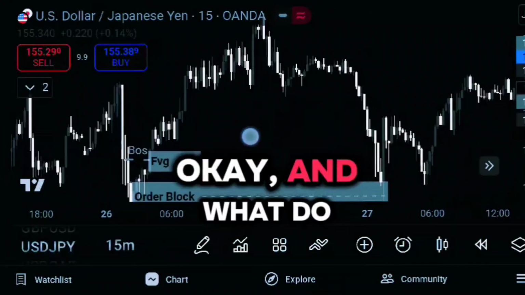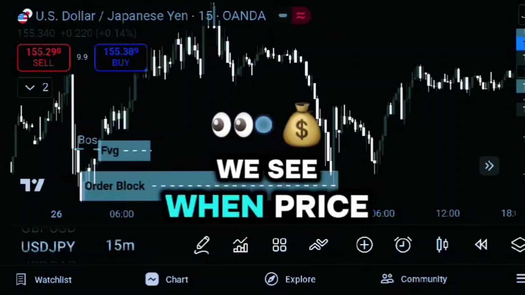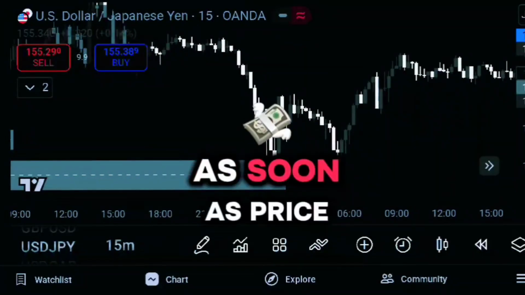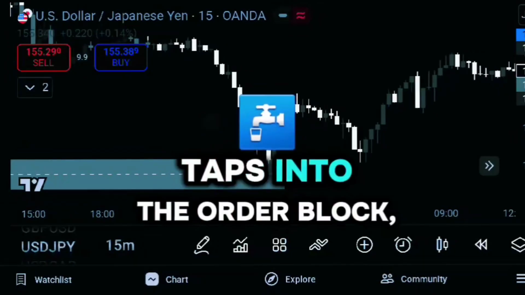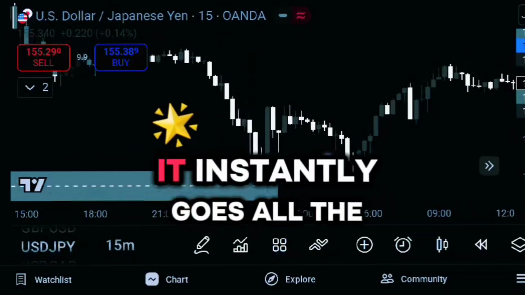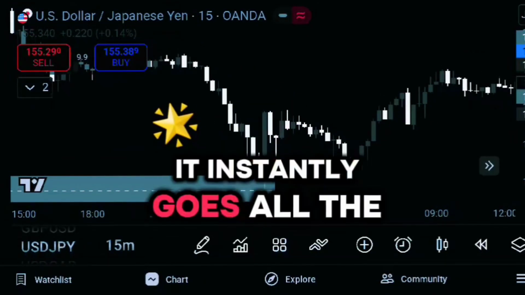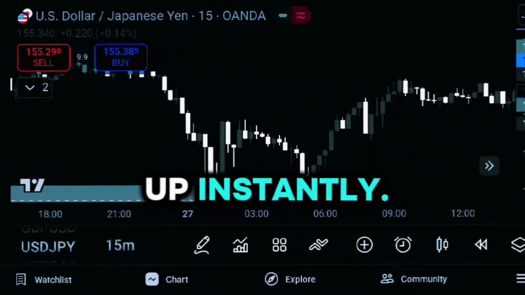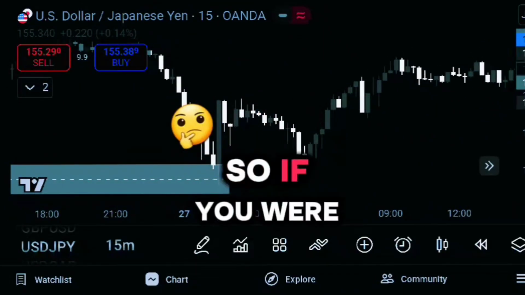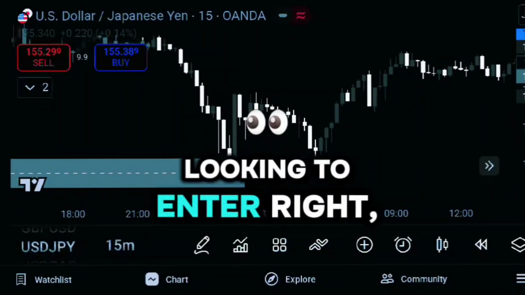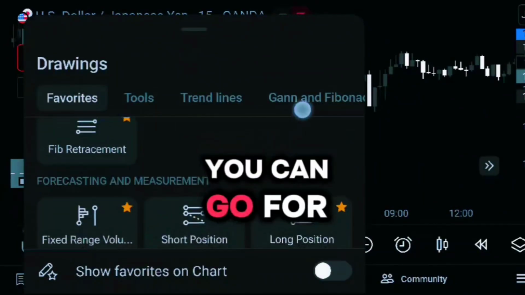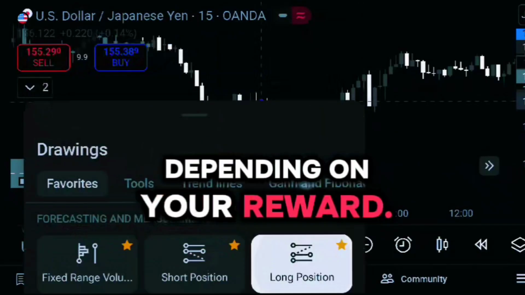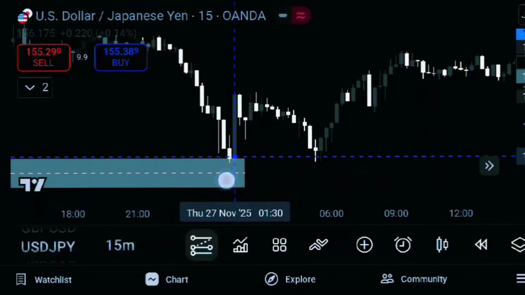Okay, and what do we see when price reaches back into the order block? As soon as price taps into the order block, it instantly goes all the way up, from moving down to up instantly. So if you were looking to enter, you can go for a 1-to-1 or a 1-to-2, depending on your risk to reward right here, easily.